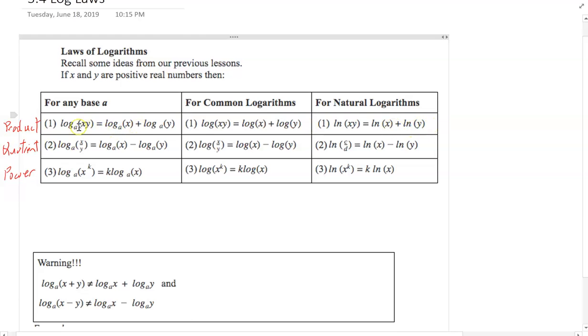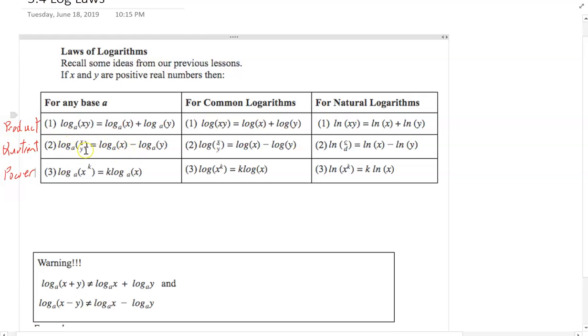The second law we'll talk about is the quotient law, and that is where you divide the elements in the argument. So log base a of x over y is equal to log base a of x, which was the numerator in the original argument, minus log base a of y, which was the denominator.